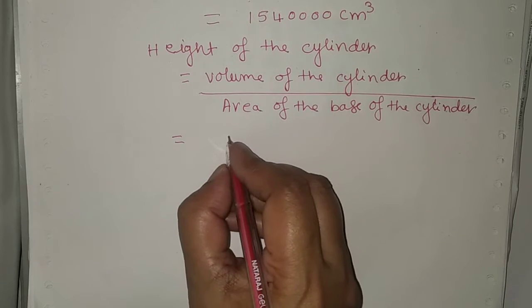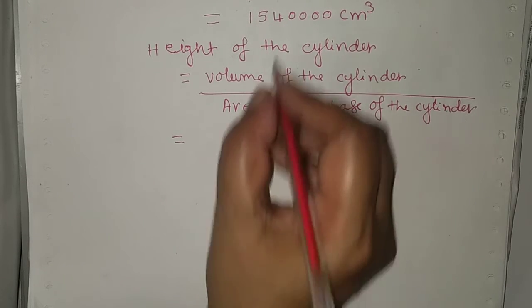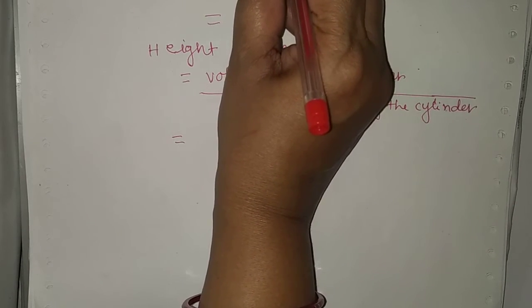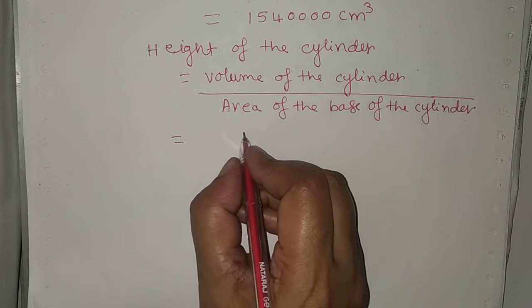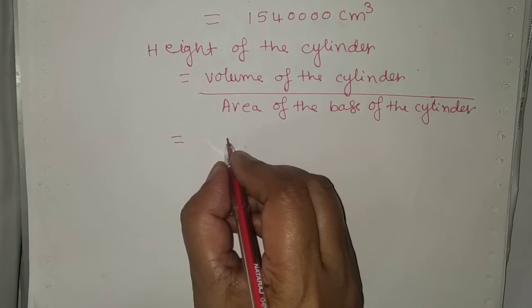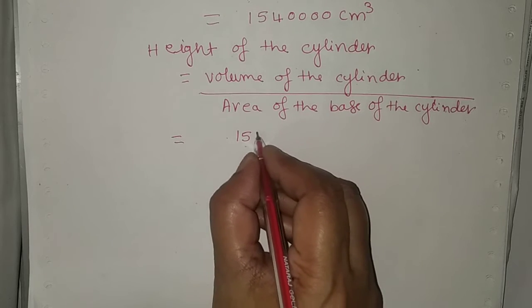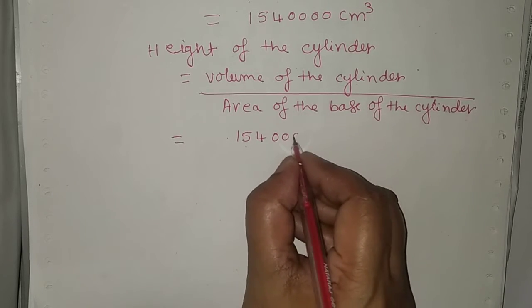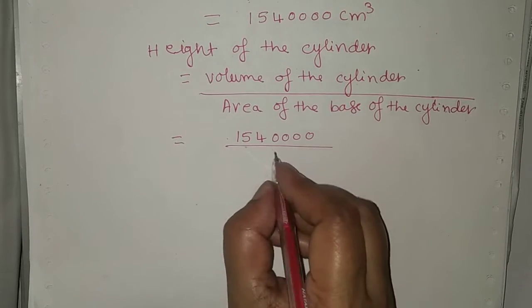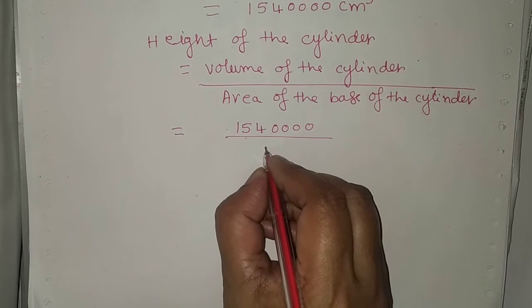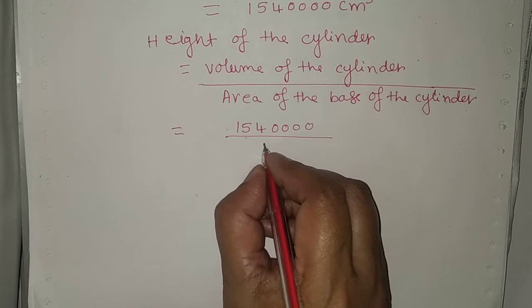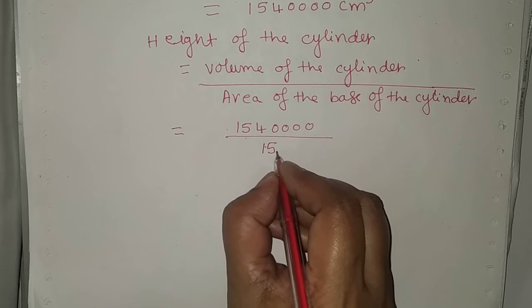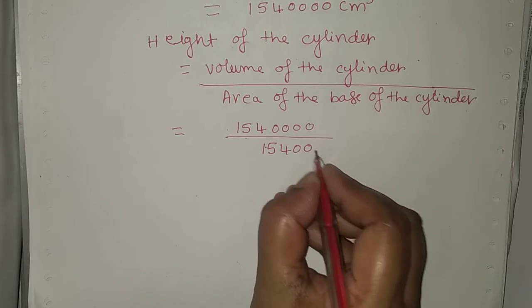So we'll substitute this. We have calculated the area of the base and the volume of the cylinder, we just have to substitute. That is 154 followed by 4 zeros divided by 15400.